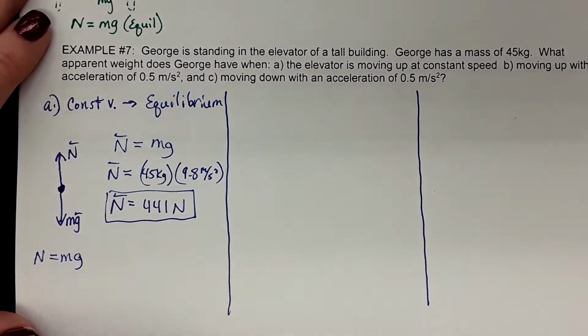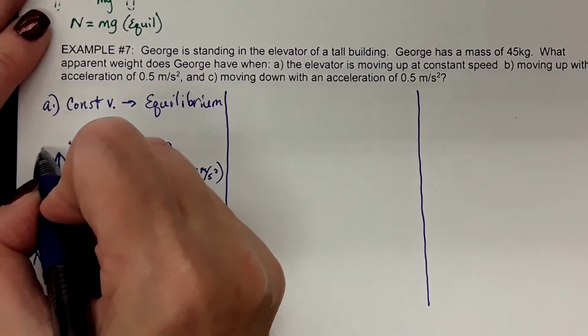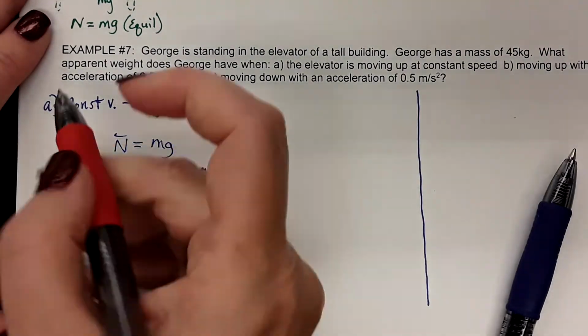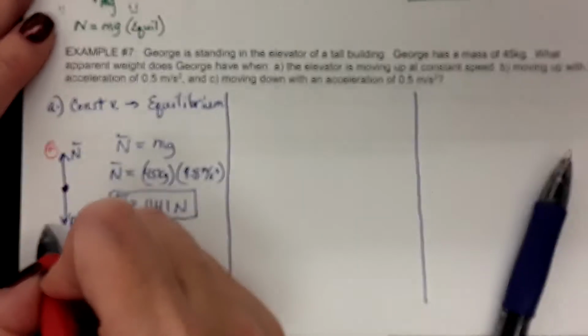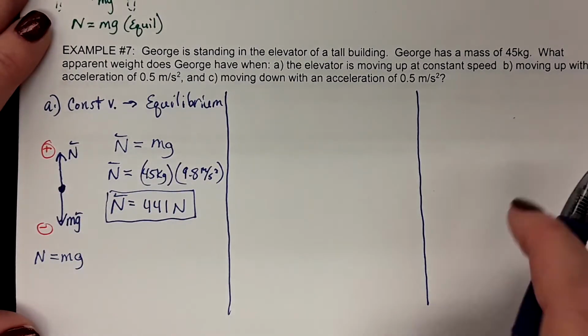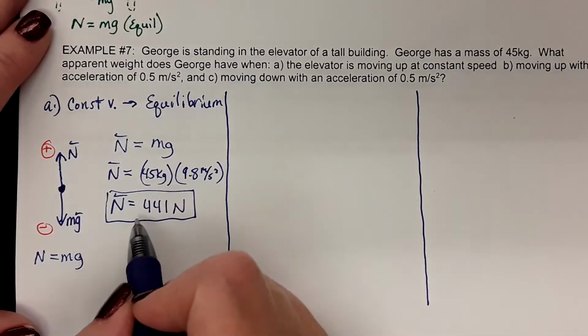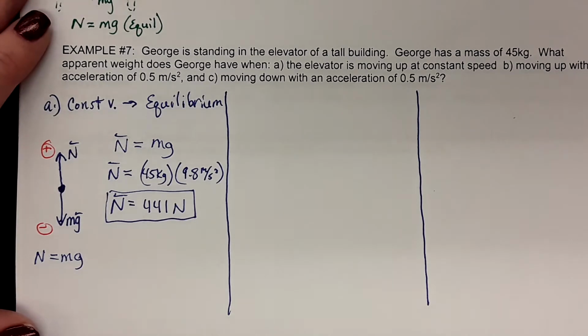And that would be upward. In fact, we could say up is the positive direction. That's what we'll do in this problem. We'll take up to be positive and down to be negative. So this is positive 441 newtons. And that is not only the magnitude of George's true weight, that's also the normal force.